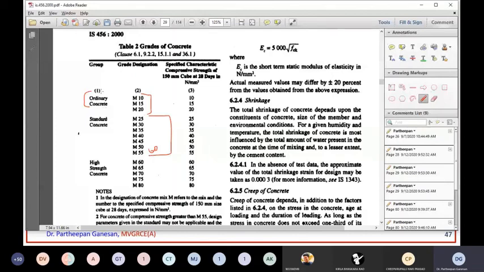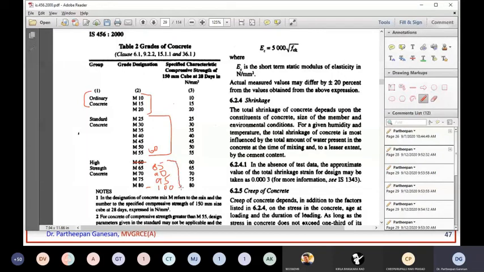So M10 to M20 is called ordinary concrete, and standard concrete is M25 to M60. Then M65, 70, 75, 80, 85, 90, 95, 100.